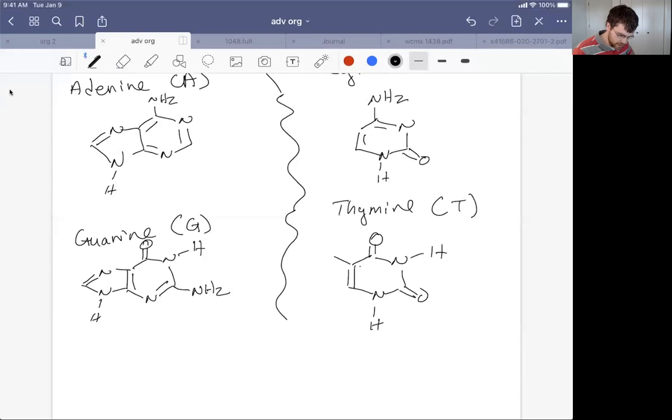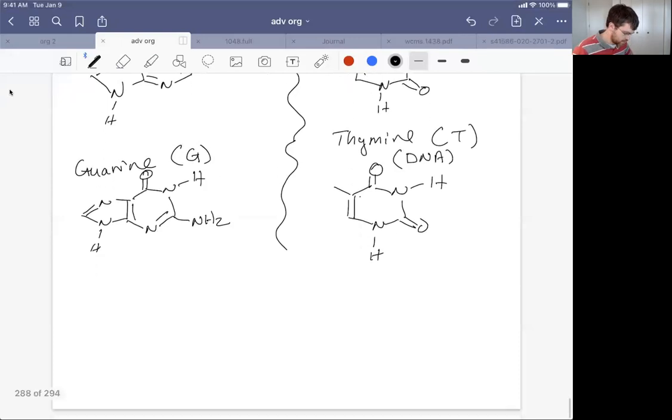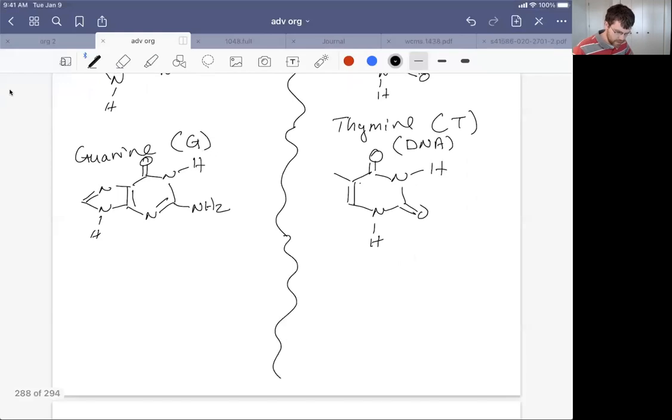Now, thymine is present in DNA, and then in RNA, uracil gets used where we have the demethylated version. That's an important regulatory feature. So this would be uracil.